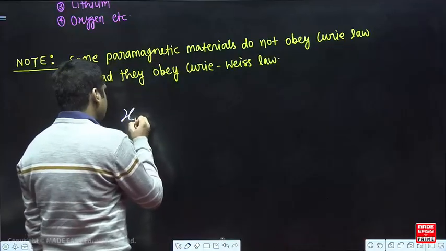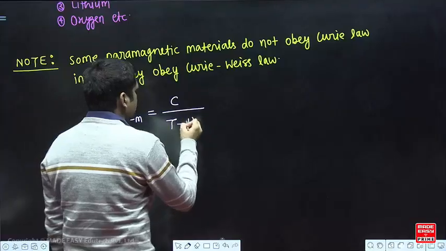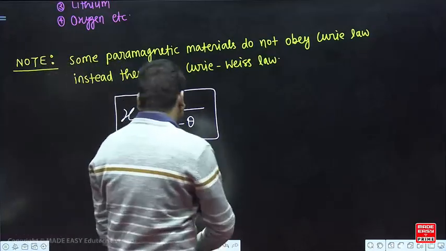So chi m is equal to C upon T minus theta. This law is known as the Curie-Weiss law.